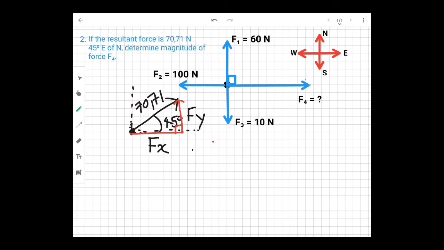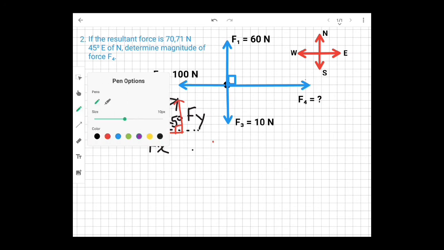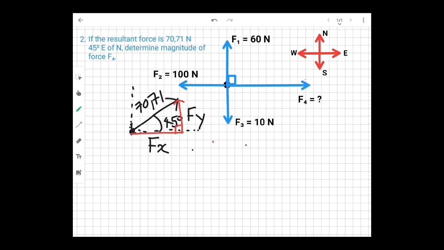But let's work out the resultant along the y. The resultant along the y, Fy sum, is going to be equal to 60 minus 10. Why 60 minus 10?